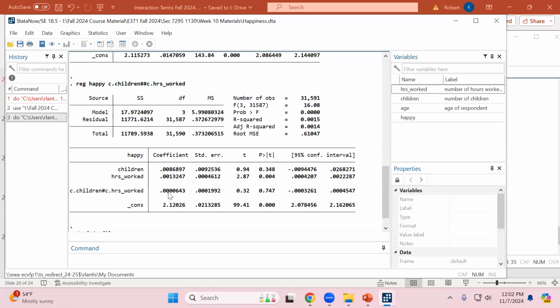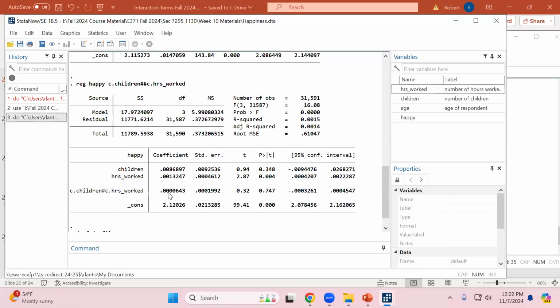So if I wanted to know the marginal effect of having one more kid, I would say, okay, what's the derivative of happiness, this regression equation, with respect to that variable that I want to know the marginal effect of, the thing that's changing?